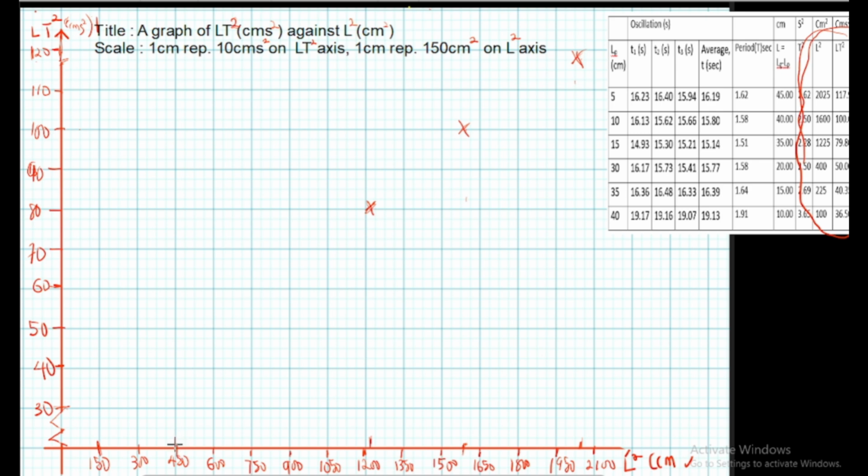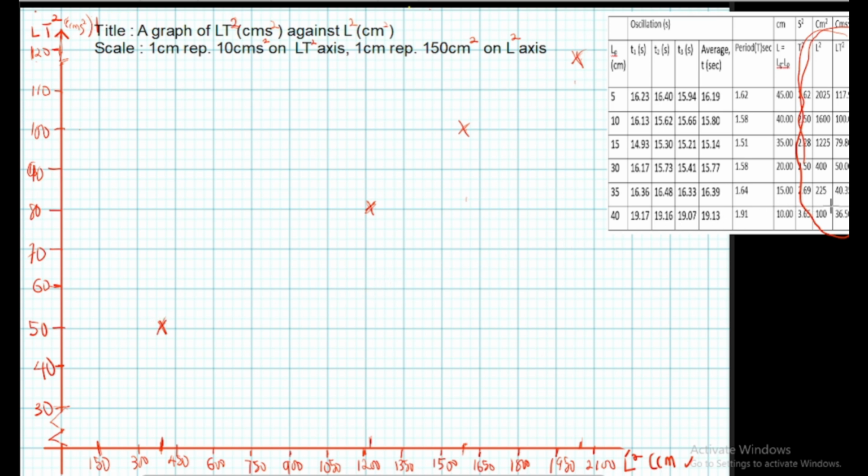So if we subtract 30 from 450, this is going to be 420. Subtract 30 again, we're going to have 390. So that means 400 will be between 390 and 420. Okay, so let's just put it within this region, and then we trace it to meet 50. So this is 50. 50 can easily be gotten, so we can mark this point. All right, so this is what we have.